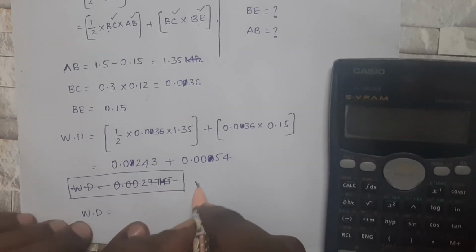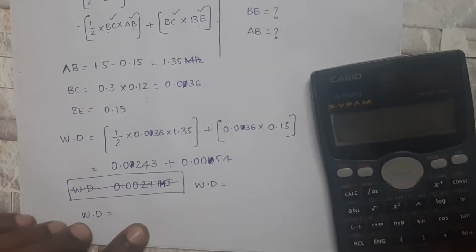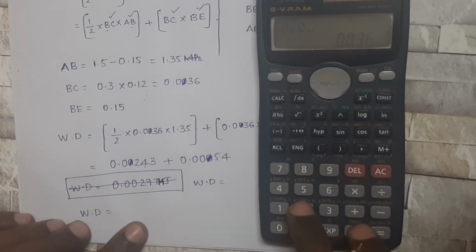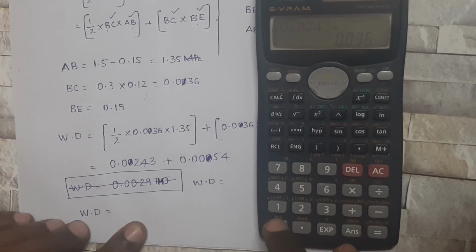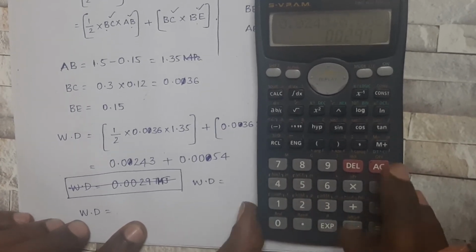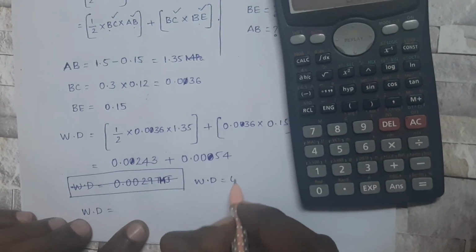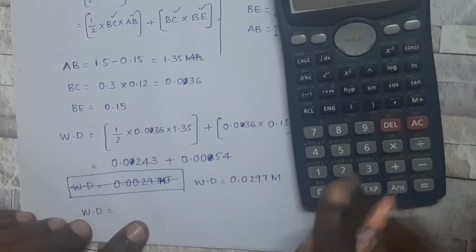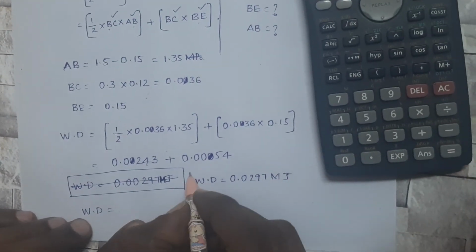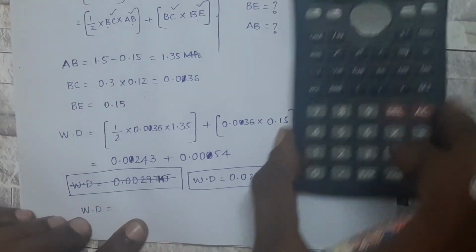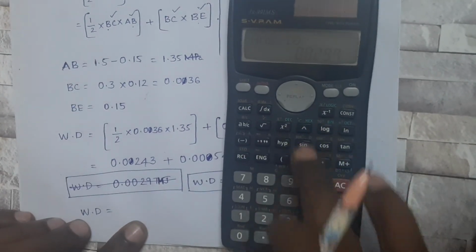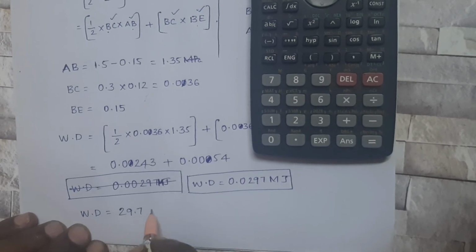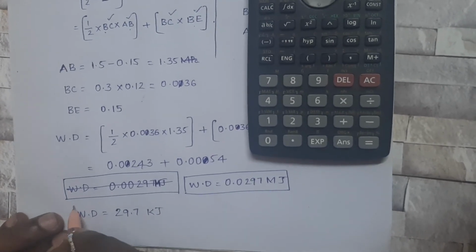The answer will be work done is equal to 0.0243 plus 0.0054, 0.0297 megajoules. And if we want to convert into kilojoules into 10 cube, 29.7 kilojoules of work done.